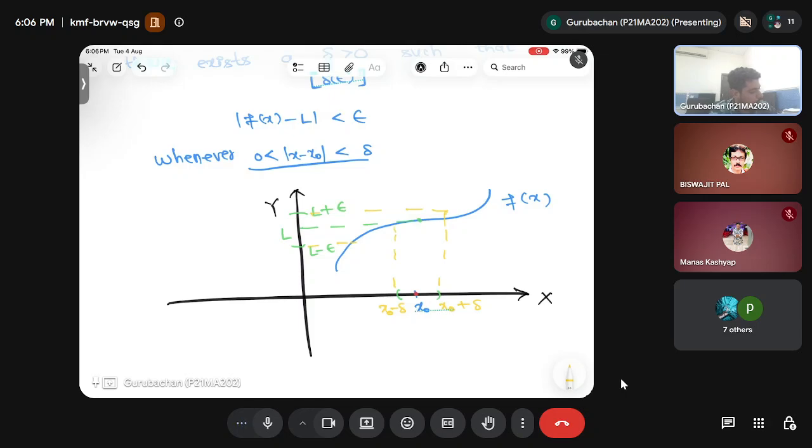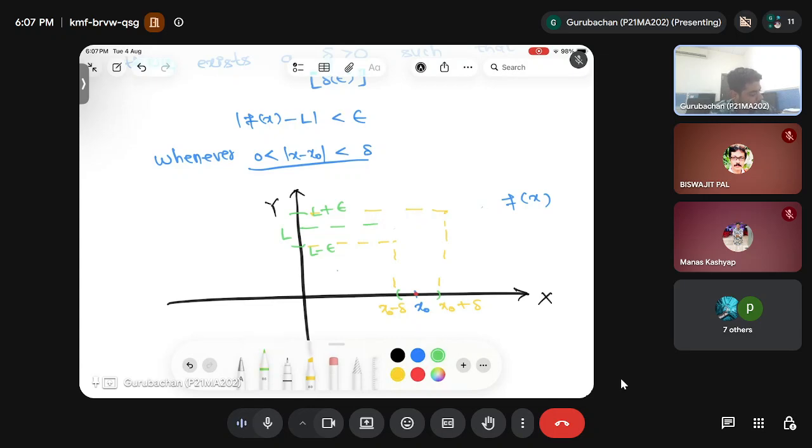Let me just redraw it so that it looks like what I am saying. This is your epsilon, and this will be your x naught.